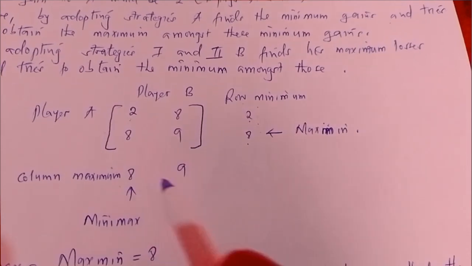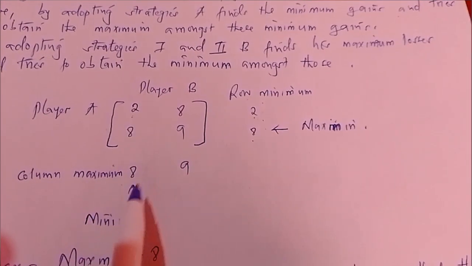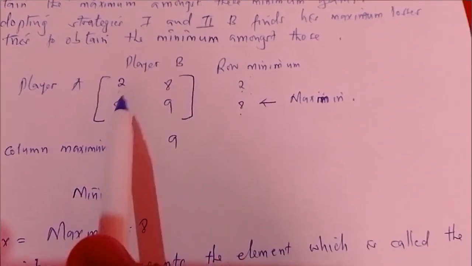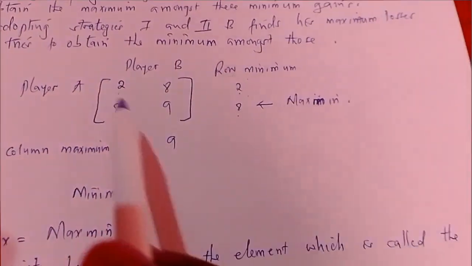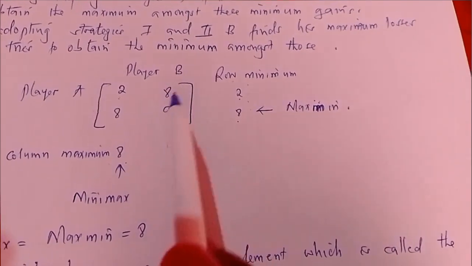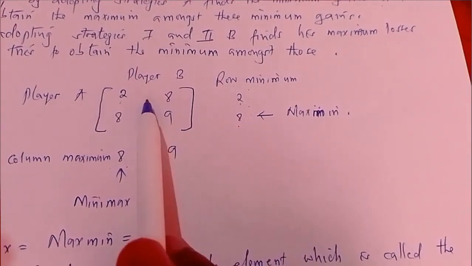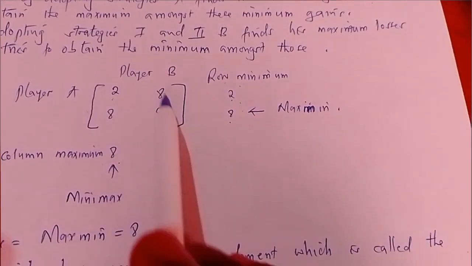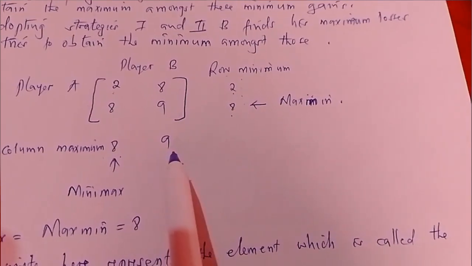Let's come here. Column maximum. These are the columns. So in the first column, the maximum element between 2 and 8 is 8, and in this column, between 8 and 9, the maximum is 9.